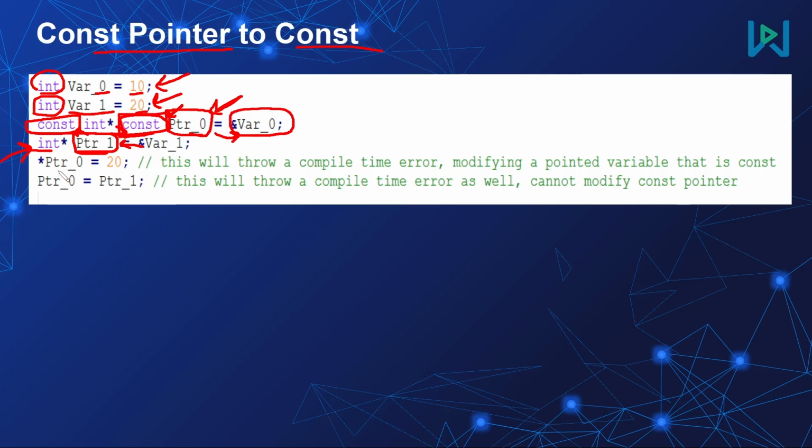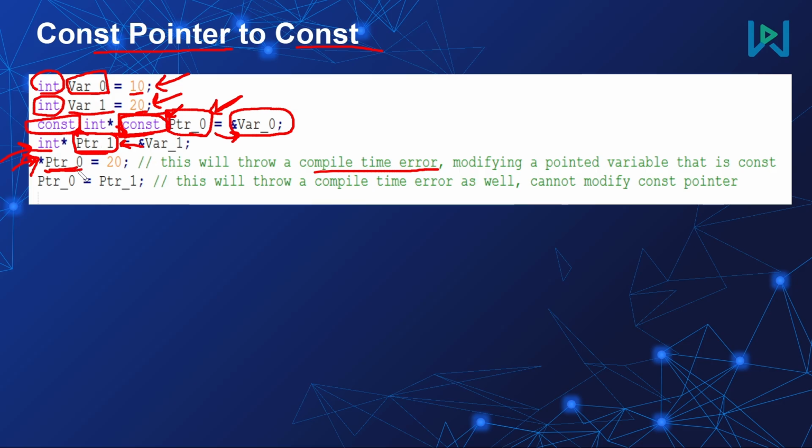If I try to access the variable content through this pointer number 0, means trying to update the variable number 0 through the pointer, then the compiler will throw a compile time error.